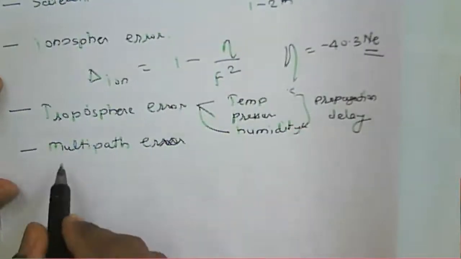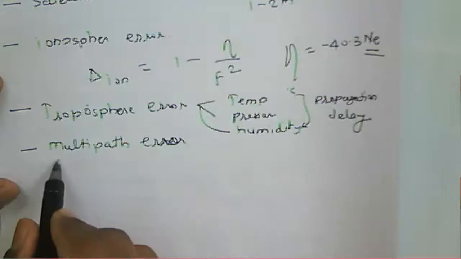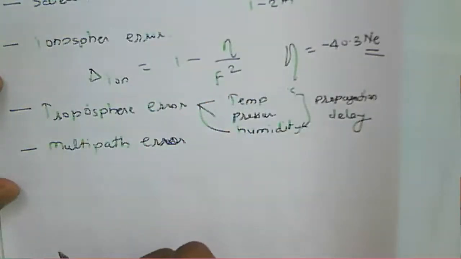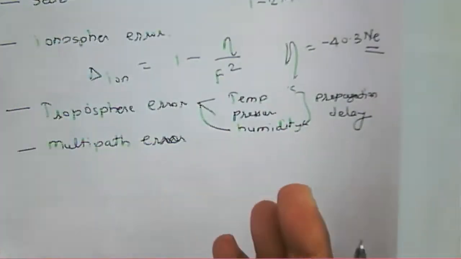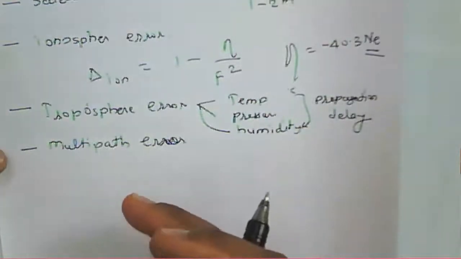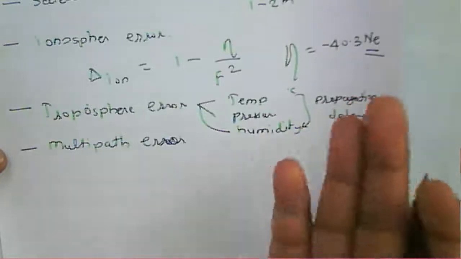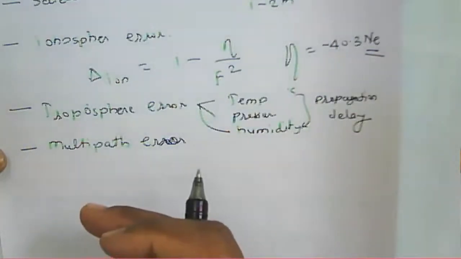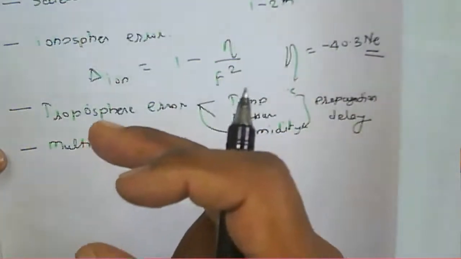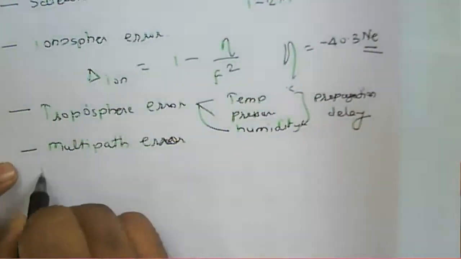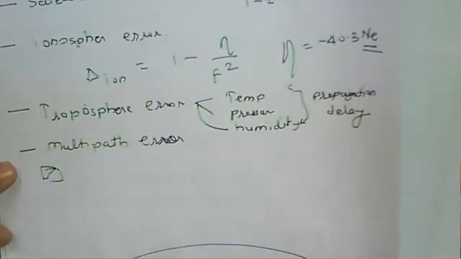Then another is the multipath error. The multipath error means the signal is received by the GPS receiver from many locations. Why many locations? Because in the region where the receiver is present, there are a lot of obstacles, and the signal reaches the receiver from many of those obstacles. Suppose this is a satellite, it transmits the signal, and here we have the receiver.